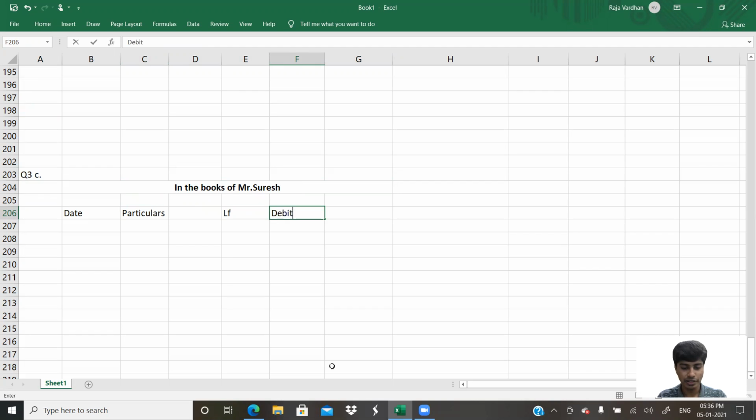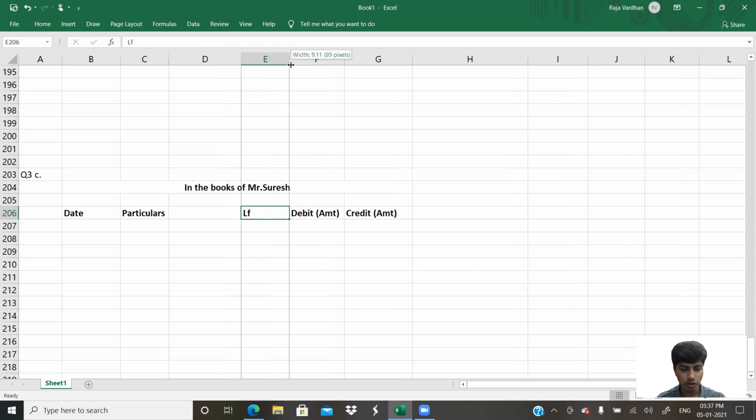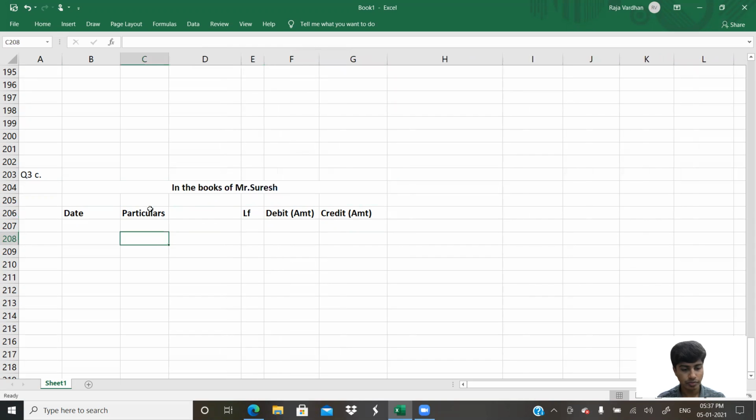Then we'll have debit amount and credit amount. Yes, this is the format. Particulars column will be a little bigger and then ledger folio can be smaller, and then we'll obviously have our debit amount and credit amount columns. Okay, let's get started.